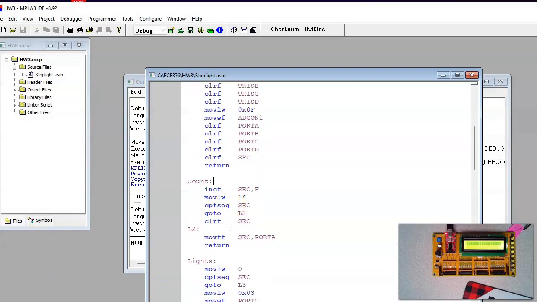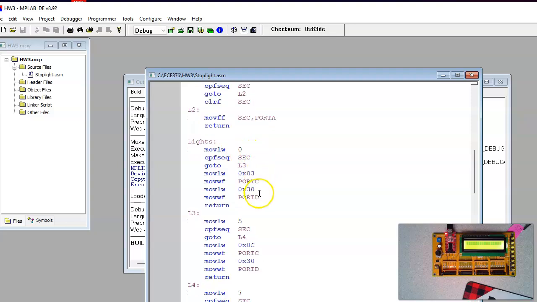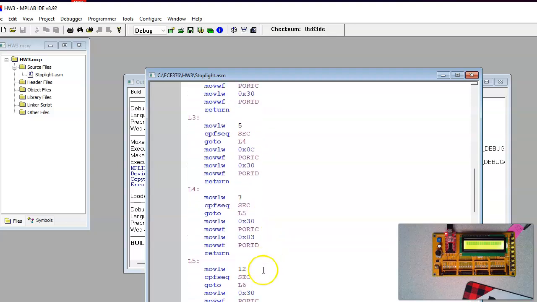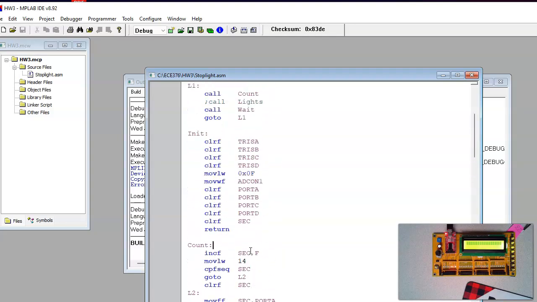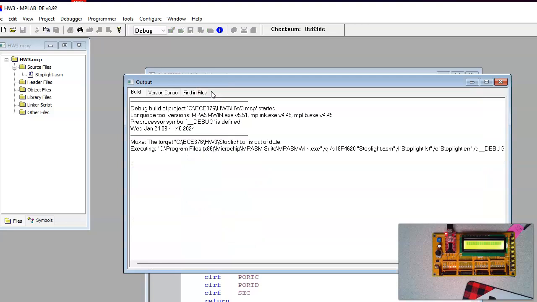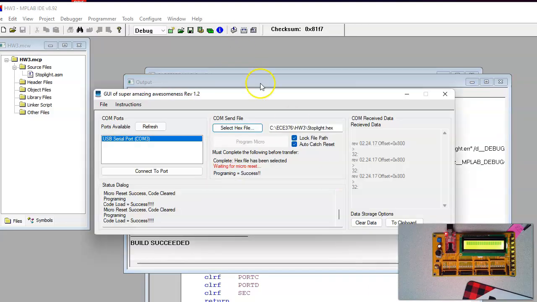Once that works, I'll then get the lights. I'm going to check on 0, I go green, 5, yellow, 7, red. I check for 0, 5, 7, and 12. Once you get the first two parts working, compile, download.